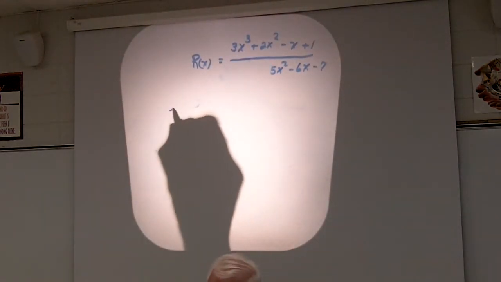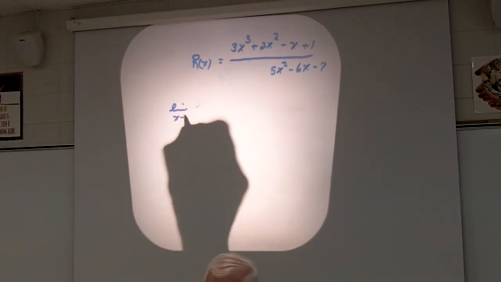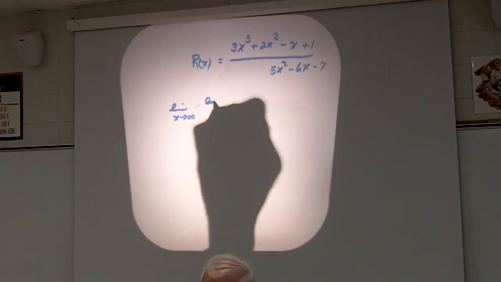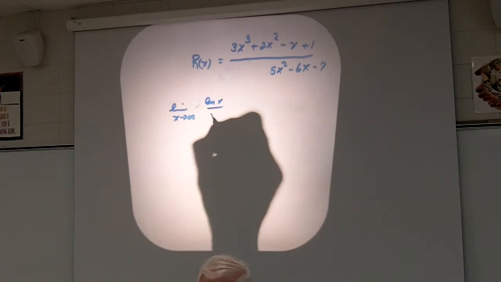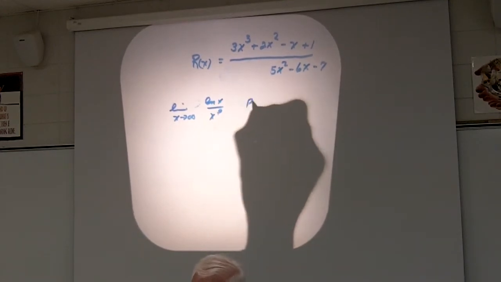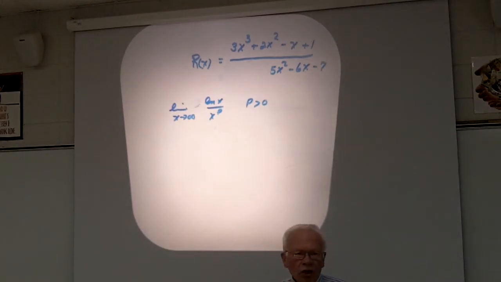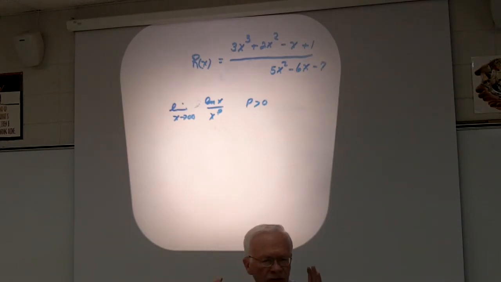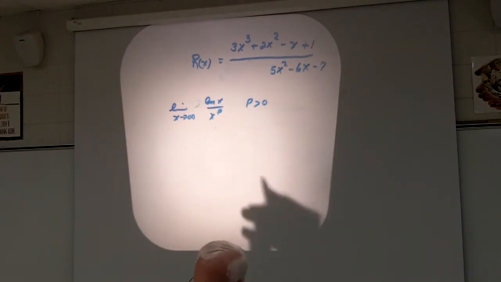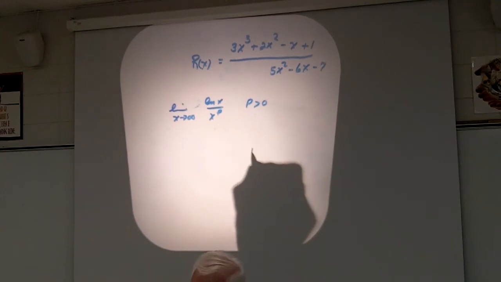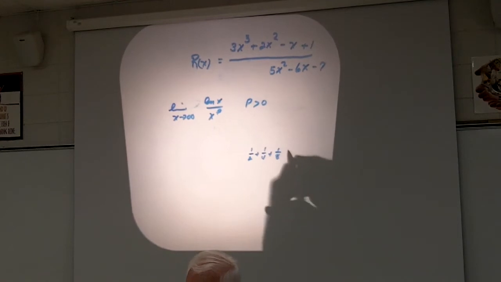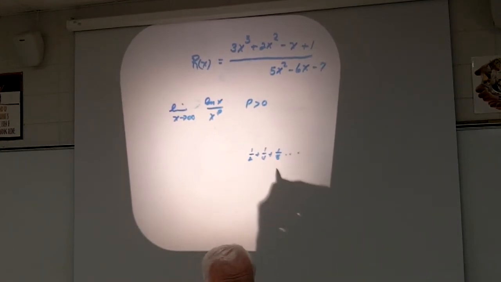Let's try this one. The limit as x approaches infinity of ln of x all over x to the p. And p is greater than 0. Okay, now, you have done some of this kind of stuff before where it's important to know if something is converging or not. We did it when we worked with a problem like this. 1/2 plus 1/4 plus 1/8, dot, dot, dot is equal to how much? 1.